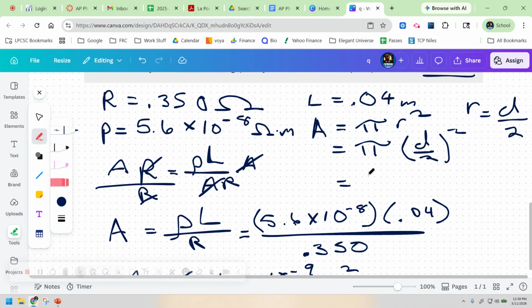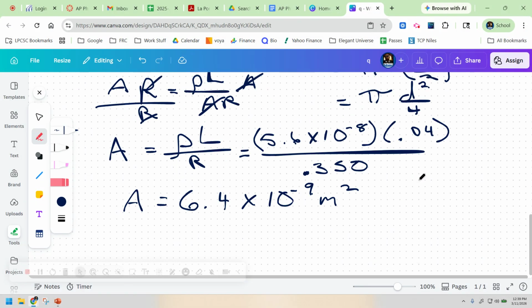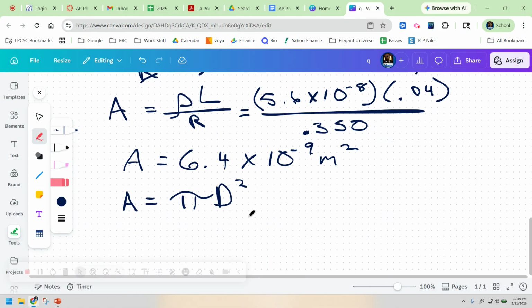Well, algebraically, that's the same as pi times d squared over 2 squared, which is 4. So now the only thing I have to do is on this side of my equation, I know that the area is equal to pi times the diameter squared, we'll use a capital D because that's what your textbook does, divided by 4.